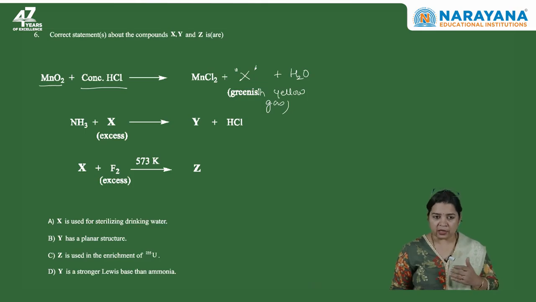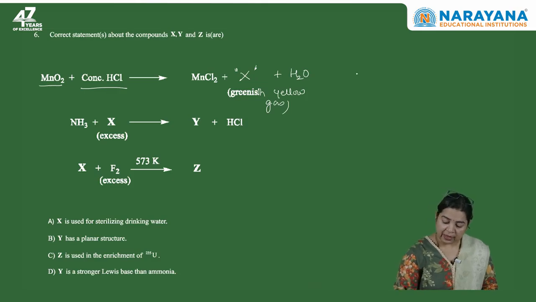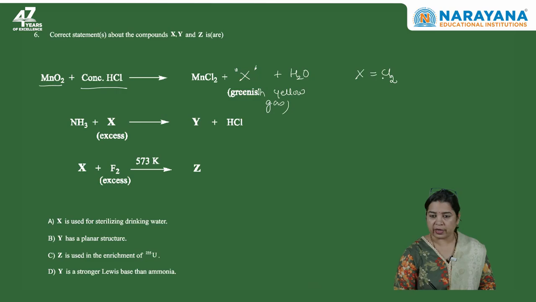Given in NCERT, I'll show you, right? Or you can check in the D block, it is directly mentioned MnO2 plus concentrated HCl will liberate chlorine gas. Greenish yellow gas is again a hint. So by that we identify, okay, X is chlorine gas.